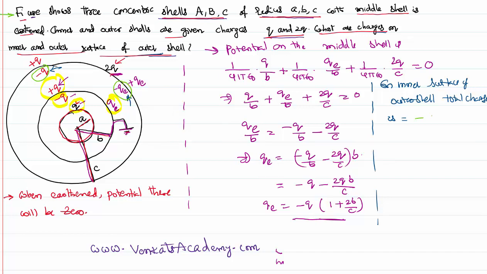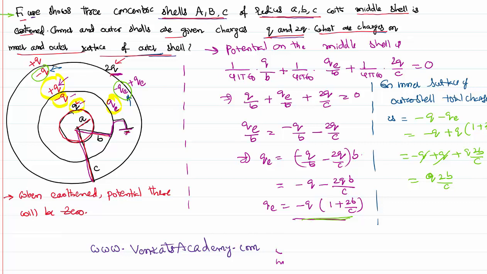So minus of minus Q minus QE, that is minus Q minus QE, means minus of this minus becomes plus, plus Q of 1 plus 2b by c. So this value will become minus Q plus Q plus Q into 2b by c. Minus Q and plus Q will cancel. So Q into 2b by c is the charge that is there on the inner surface of the outer shell.